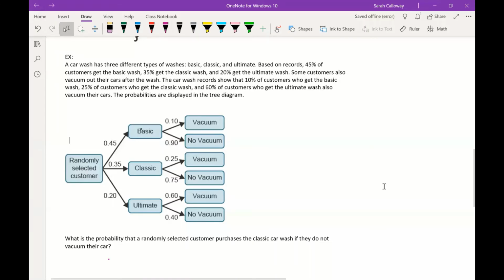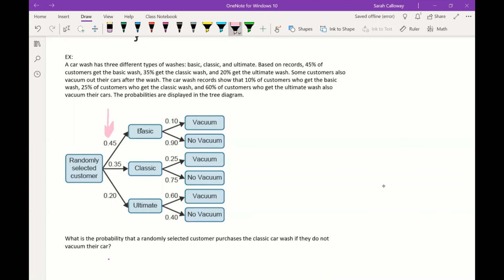In this last example, we're going to look at a more complicated probability using a tree diagram. So they filled in the tree diagram with the information given in the problem. So you can see that 45% of customers get the basic wash, 35 get the classic, 20 get the ultimate. Those values are noted here on those branches.